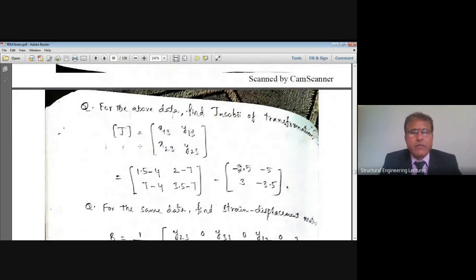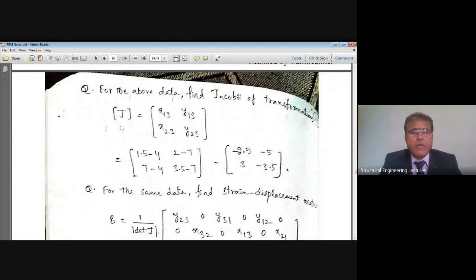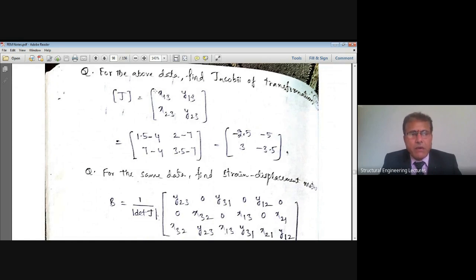There is a small application problem, and this is the second problem, students. For the same previous data, try to write the Jacobian of the transformation, or Jacobian matrix, simply the J matrix. We already derived the Jacobian of a 2D 3-node element as x13, y13, x23, y23.